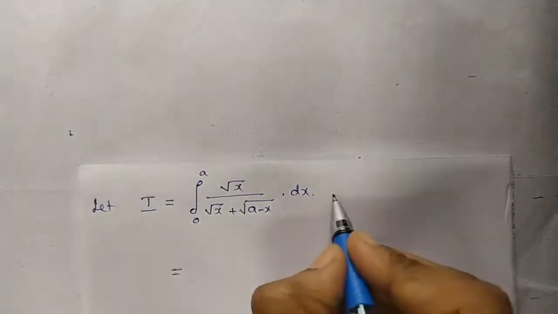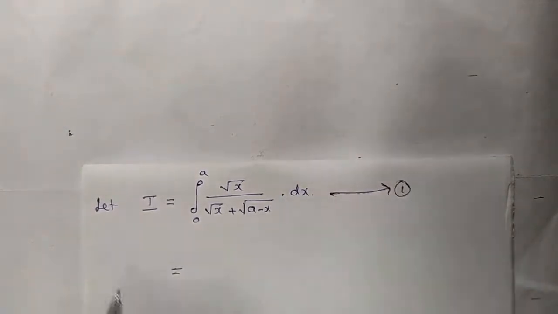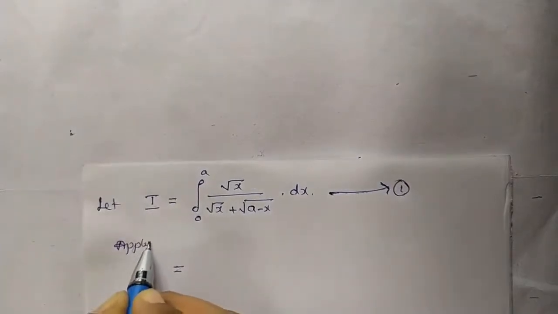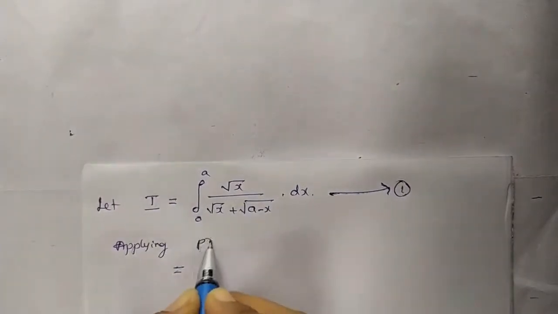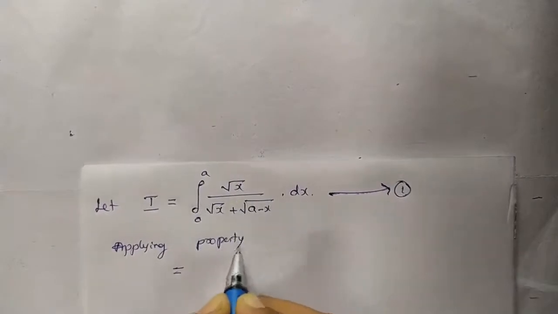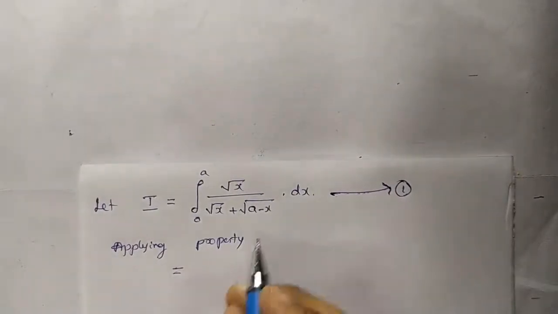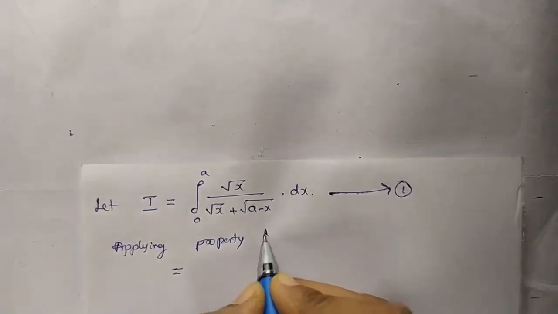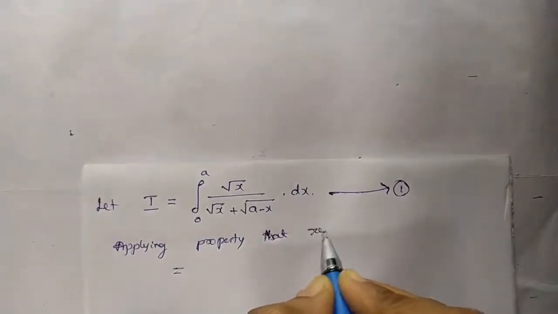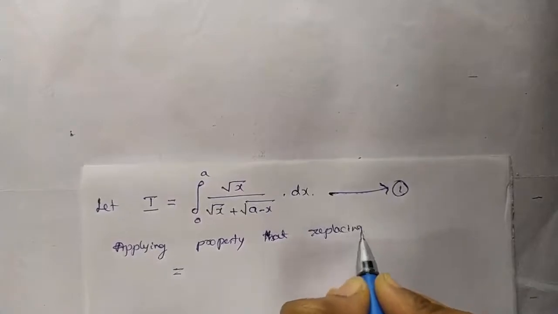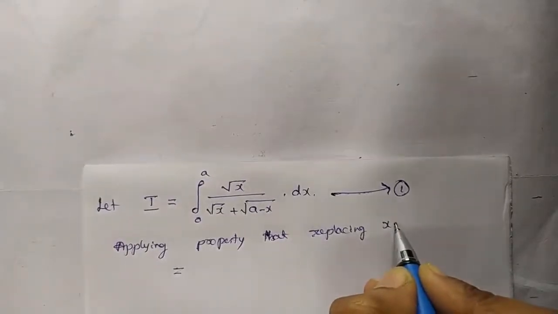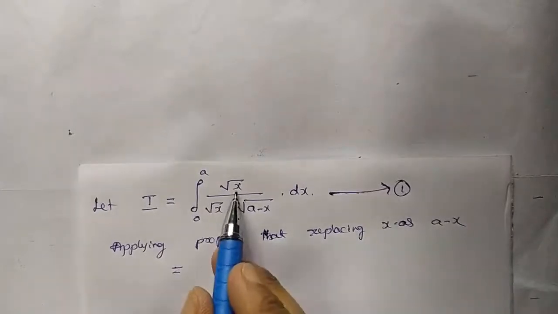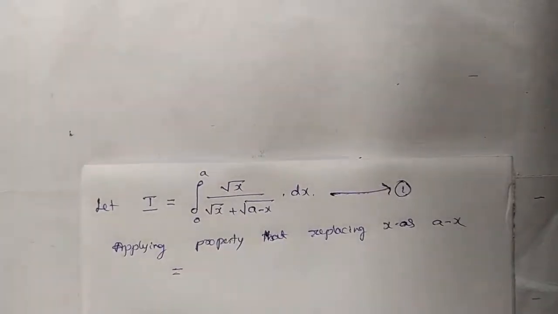Before that, call this equation number 1. Applying the property, replacing x with a minus x. In place of x we will put a minus x.